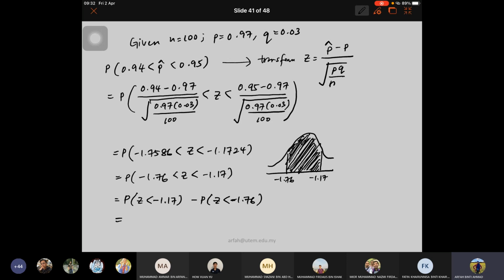Okay. So tengok dekat dalam refer standard normal punya table. Okay. So dapat apa jawapan dia?